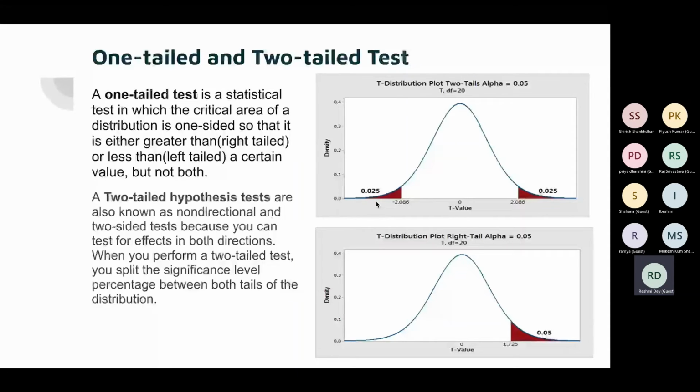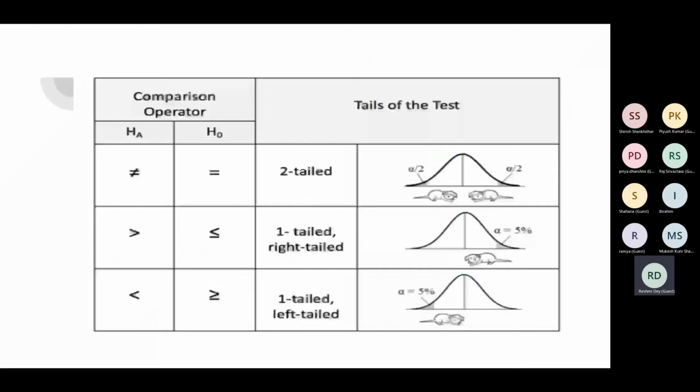We divide our level of significance when we are plotting in the two-tailed test. If our alternative hypothesis has a not equal to sign, then we have a two-tailed test. Alpha, the level of significance, is split into alpha by 2 and alpha by 2.